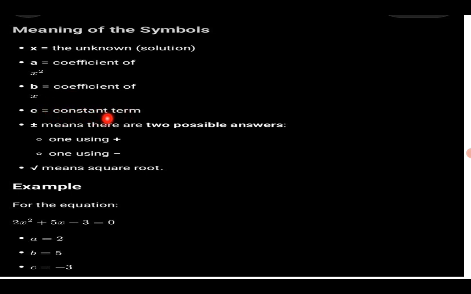By constant we mean number, just a number. It can be 2, 3, 4, 5. It can be minus 4, minus 3, minus 8, any number, negative or positive. It can also be a fraction or a whole number. The plus and minus means there are two possible answers to the values of x, one using plus and the other using minus.